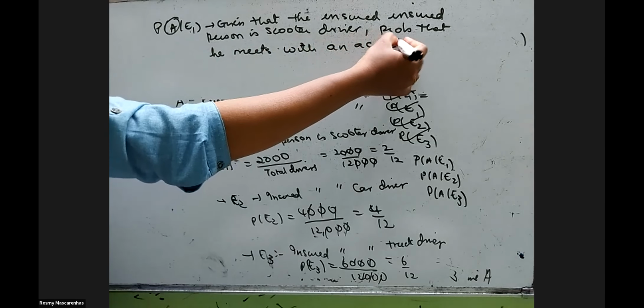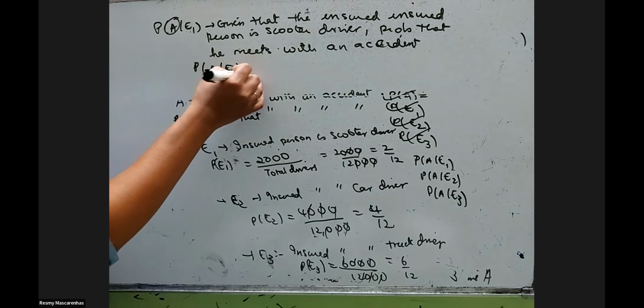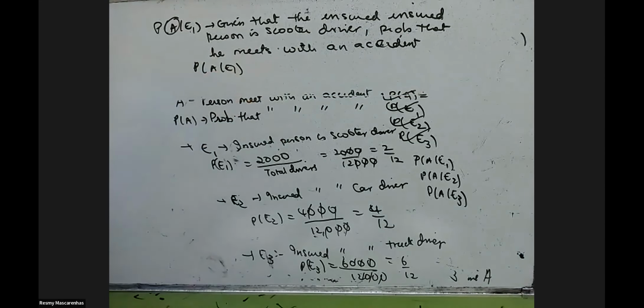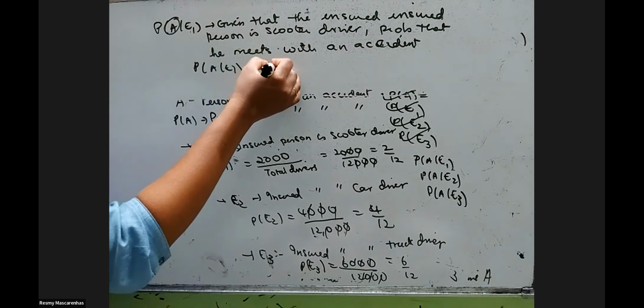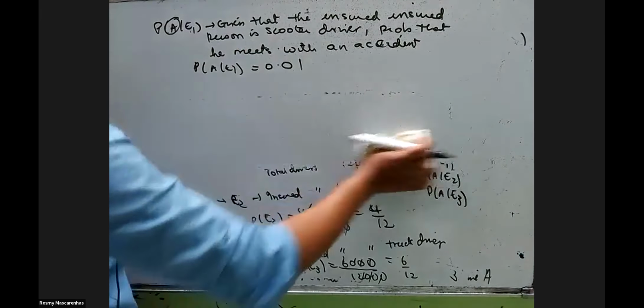How much it is already given in the question. If it is a scooter driver, then the chances of meeting with an accident is given as 0.01. The same thing. Look for the other two things.